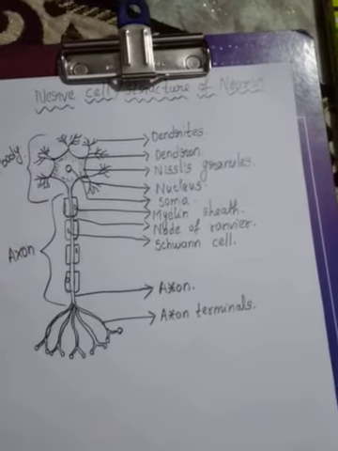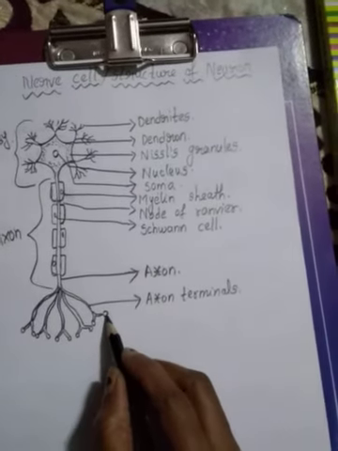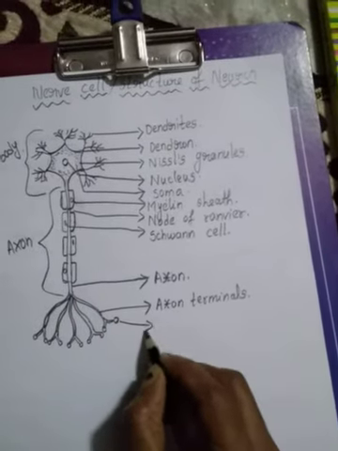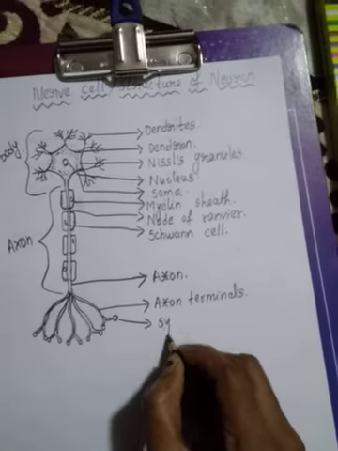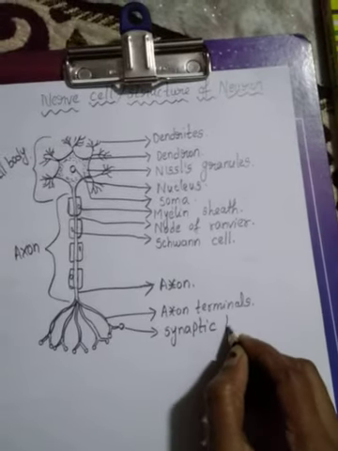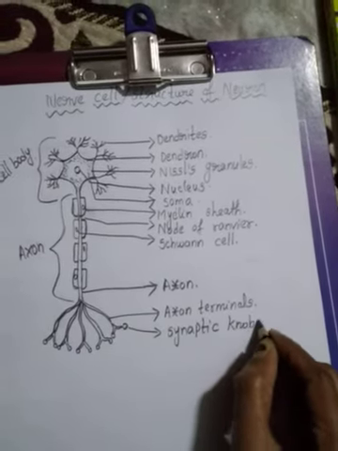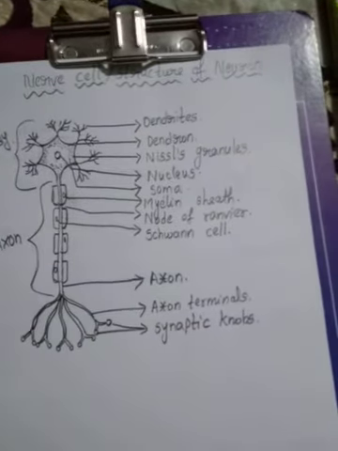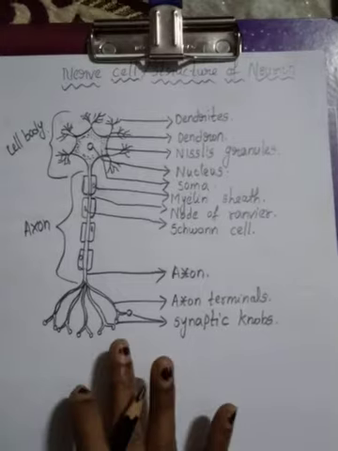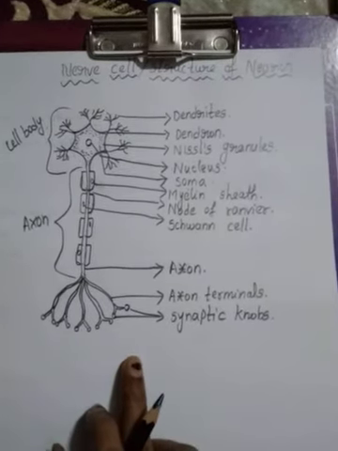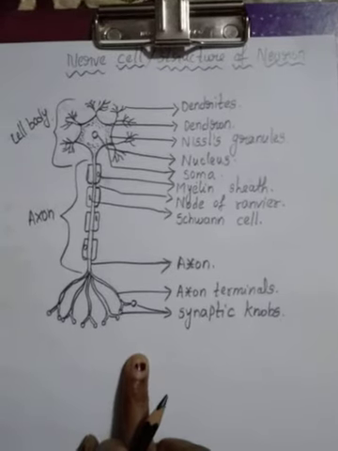At the terminals we can find some knob-like structures. These are called synaptic knobs. So this is a clear structure of a microscopic neuron, or a nerve cell.